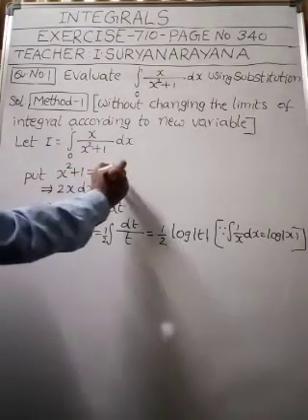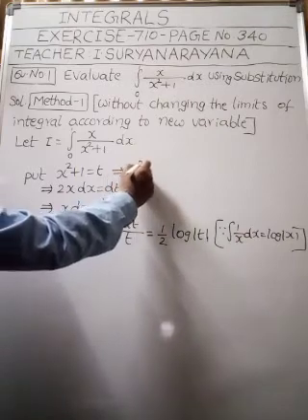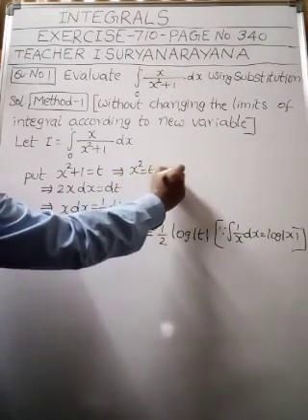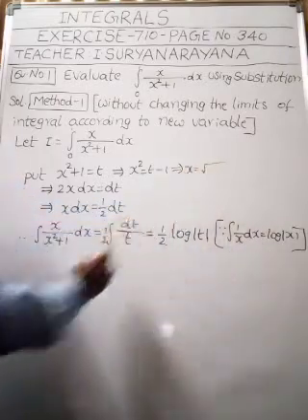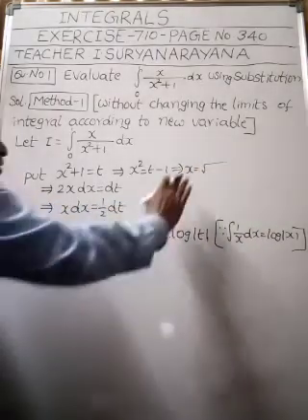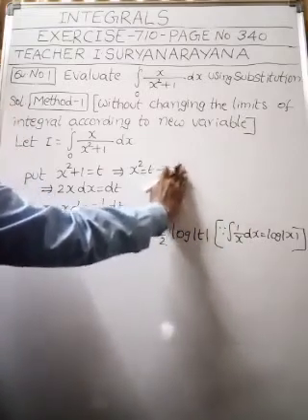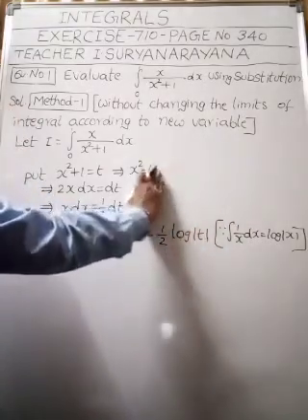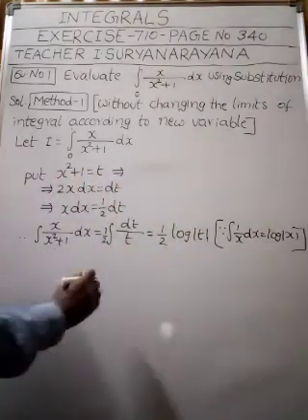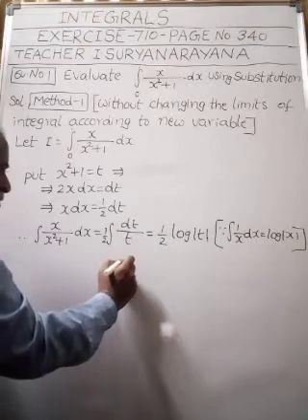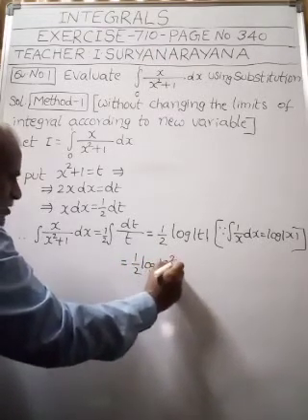So from this equation, x square is equal to t minus 1. We have to convert to the t value: t is equal to x square plus 1. That is equal to 1 by 2 log mod x square plus 1.